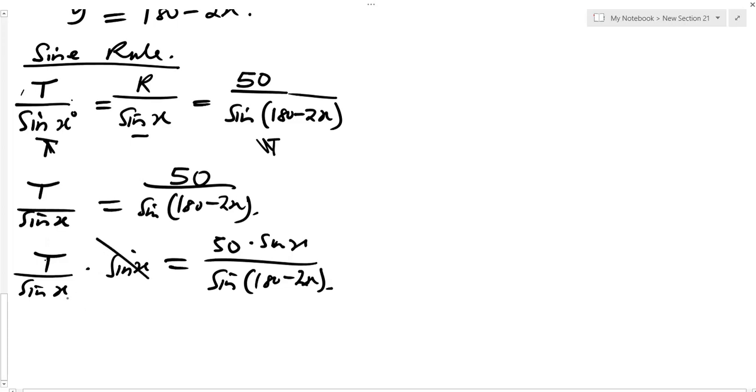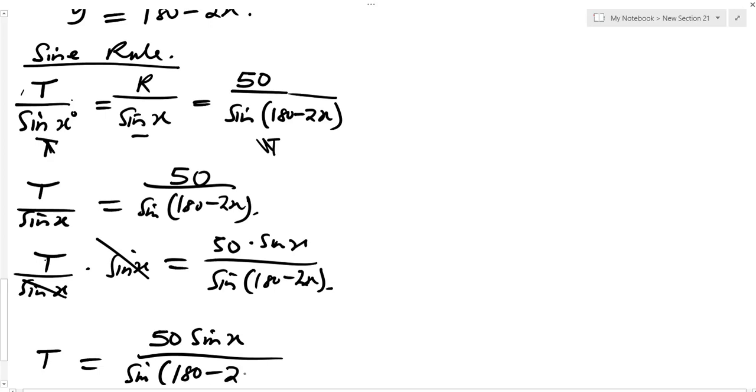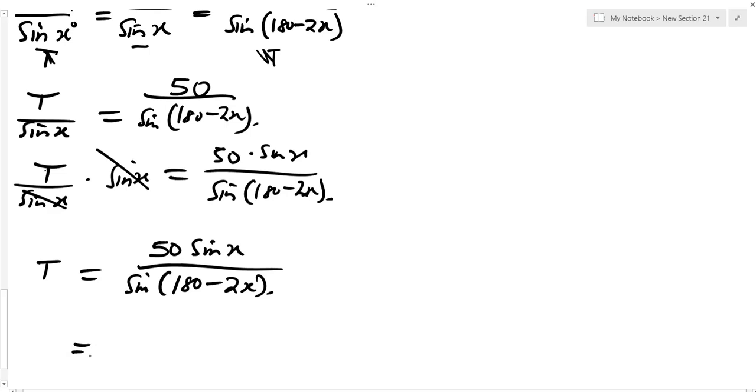Now this sine x will cancel this sine x. The left hand side is left with T, which is equal to 50 sine x divided by sine 180 minus 2x.